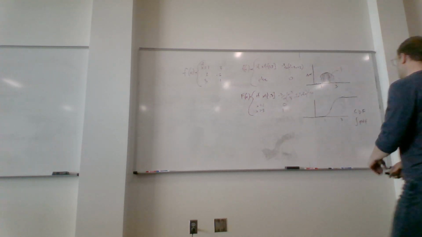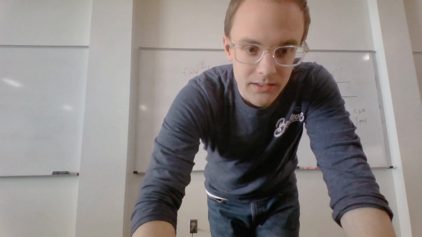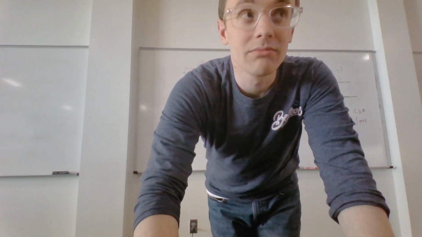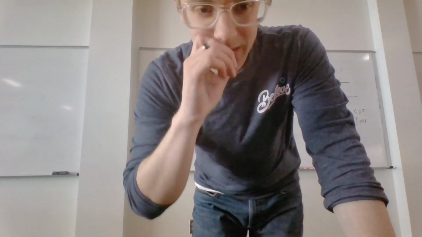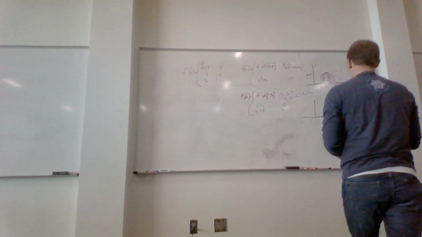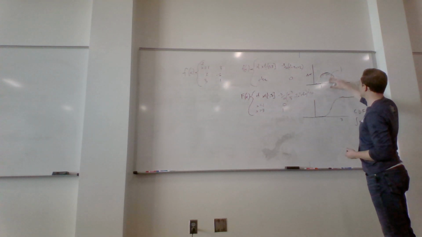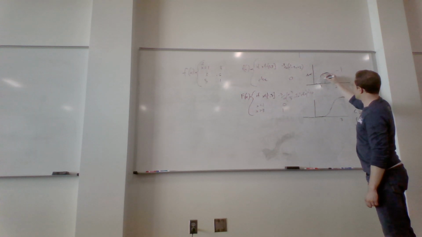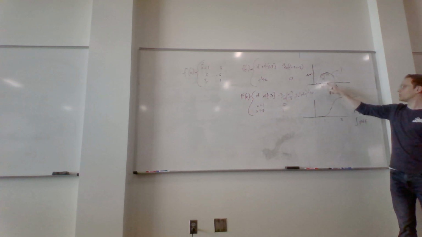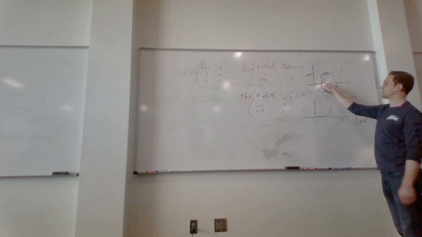Okay, so that is PDF, CDF logic right there. Any questions on that? Okay, we all know that pretty well. That's great. Now, the percent. So if I were to shade some area under this, and this area were 0.2, this number right here would be the 20th percentile of this function.